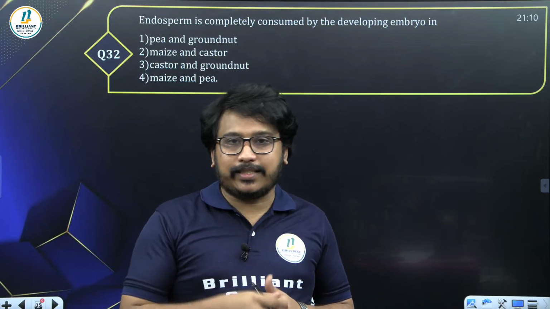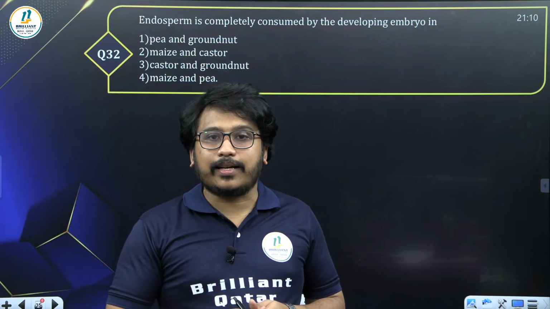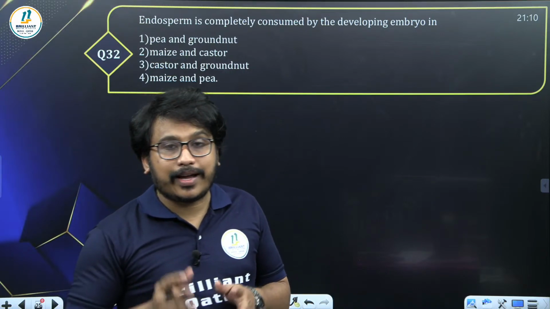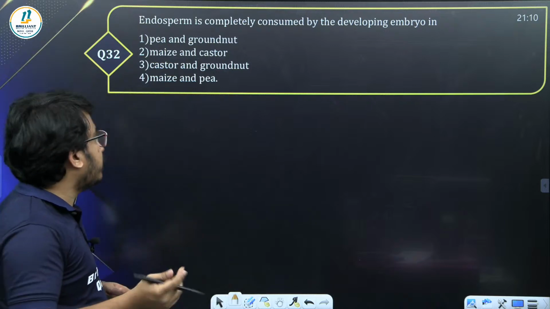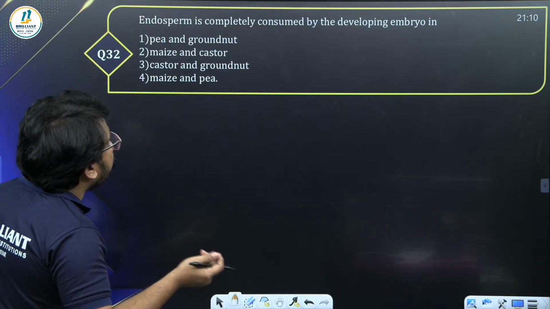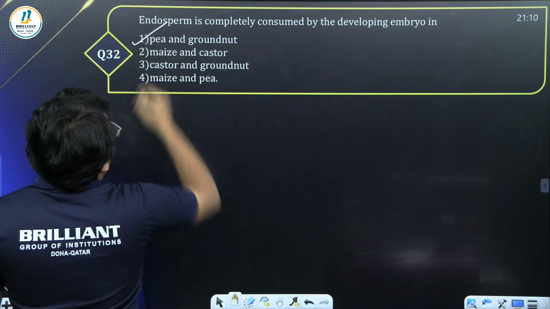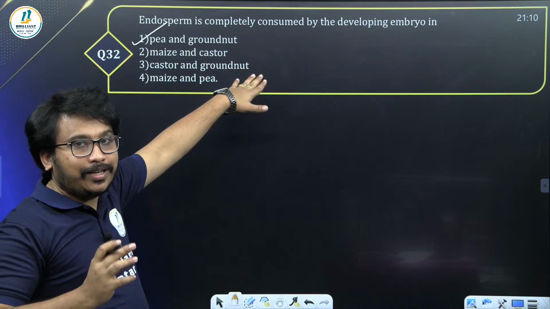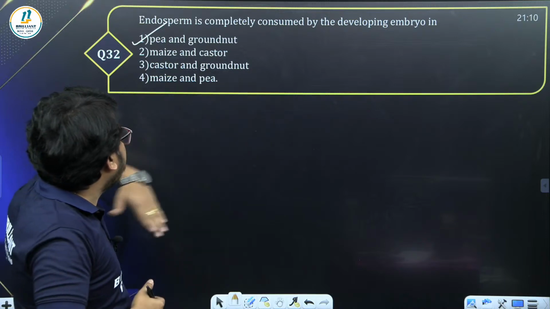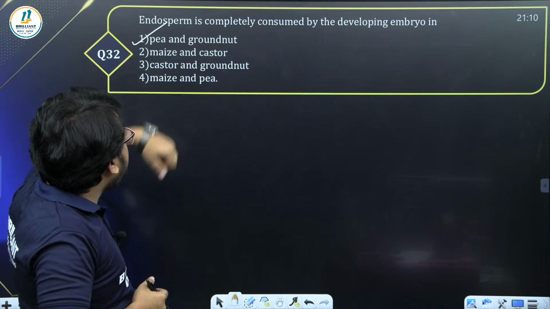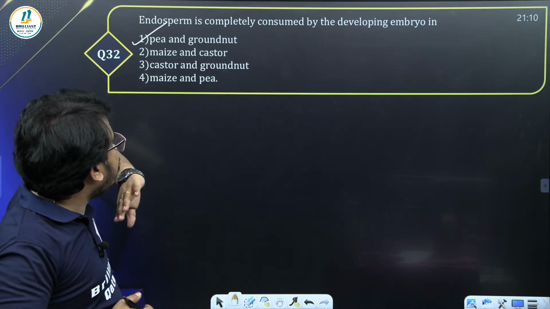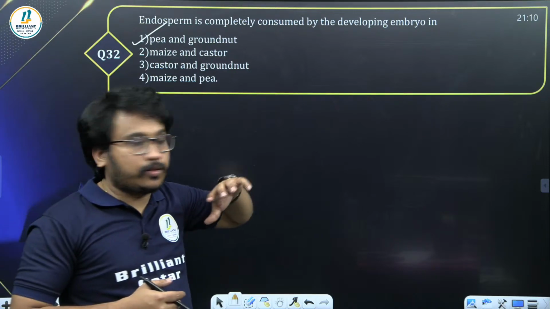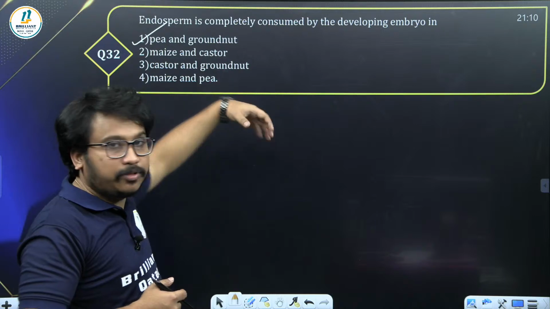So such seeds, dicot seeds, are called as ex-albuminous or non-endospermous. Examples of ex-albuminous or non-endospermous seeds are pea and groundnut. Castor, you can see it's an exception. It is having an endospermous seed. Then maize also, it is endospermous. So castor is an exception that you should learn.